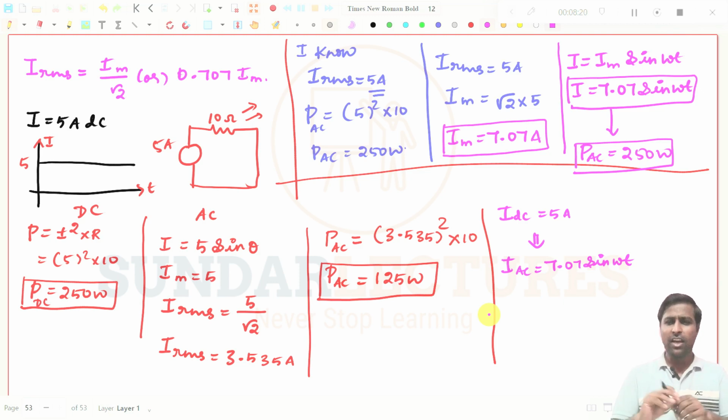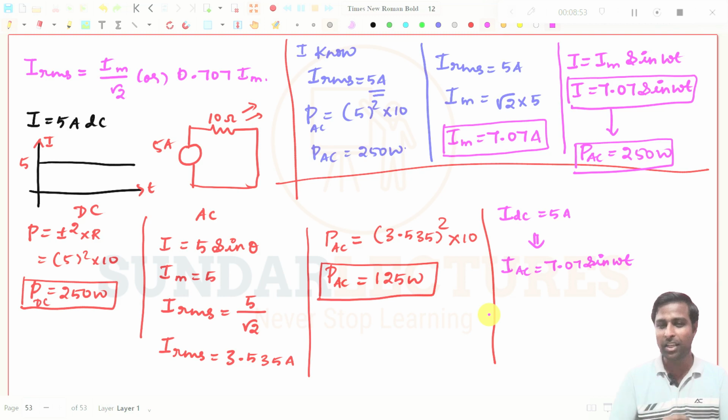We always display or state AC quantities only in RMS values. For example, in commercial usage, even in our homes, we call the AC voltage 230 volts. We cannot say AC is 230 or 240 volts; it has to be 230 sine omega t or 240 sine omega t. Why are we not saying 230 sine omega t?